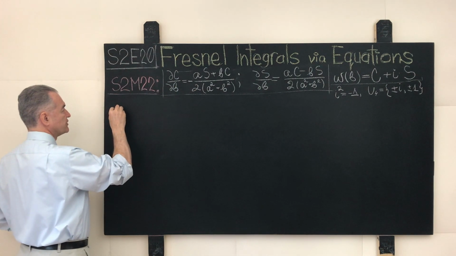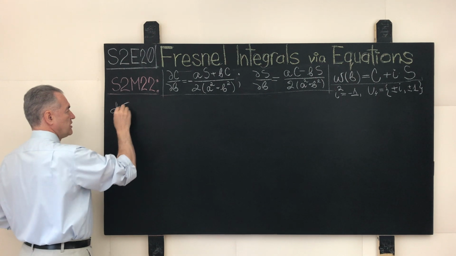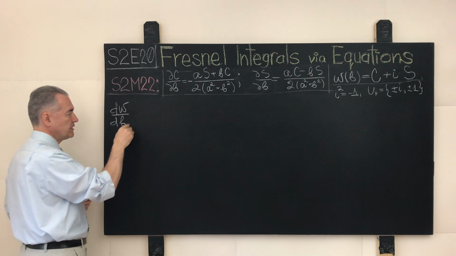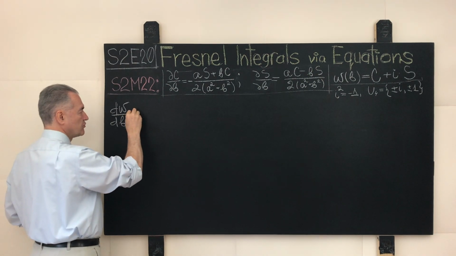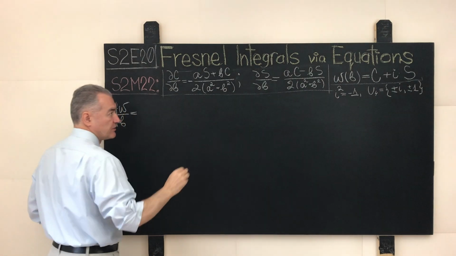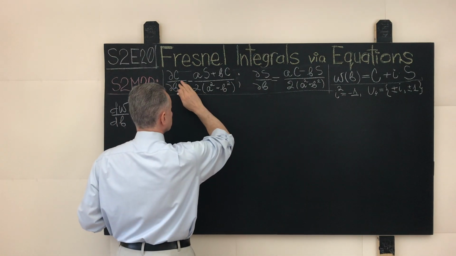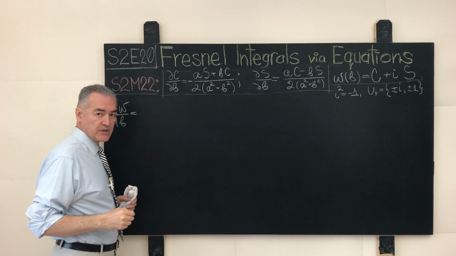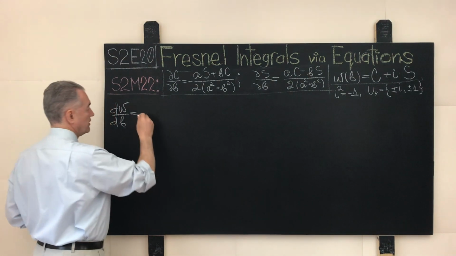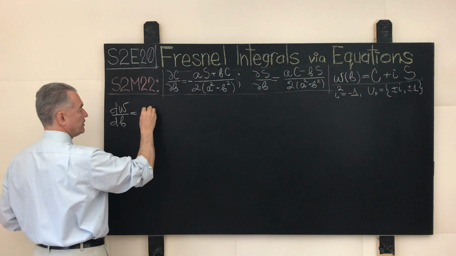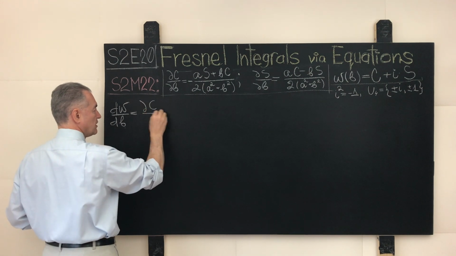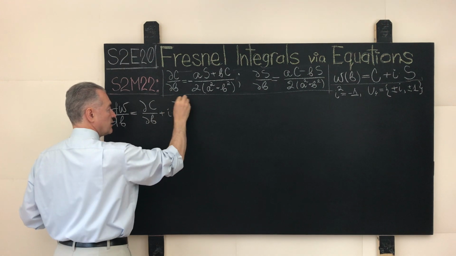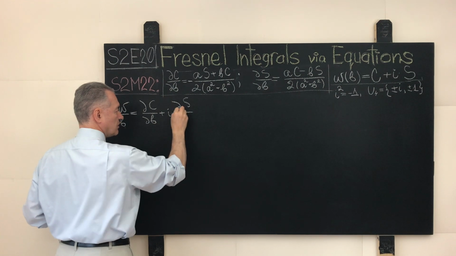We'll start over here on this side of the board. dw over db, over the independent variable b, will be here. We have a little bit of a disconnect, admittedly, because here we will write the first partial derivatives of our functions c and s, and I hope that the mathematicians in the room will not be throwing hard and sharp objects at me. Here it looks like we have dc over db plus i times ds over db.